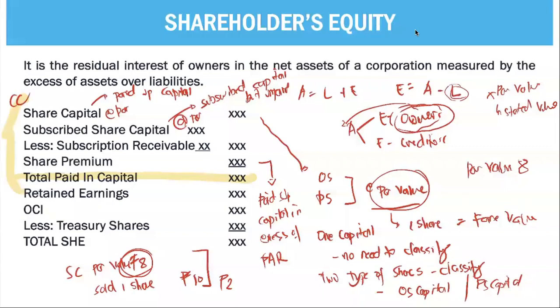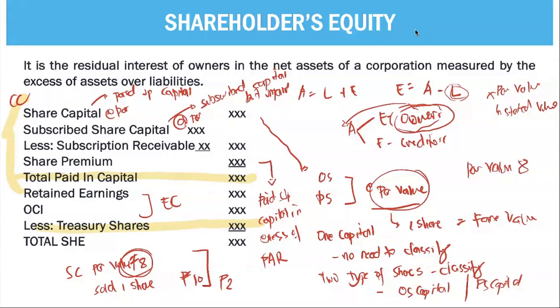Also, we have your retained earnings and OCI. So retained earnings, these are your earned capital. OCI, earned capital. So remember, OCI is an item of SHE. Less treasury shares, these are shares that were previously issued. However, they were repurchased.